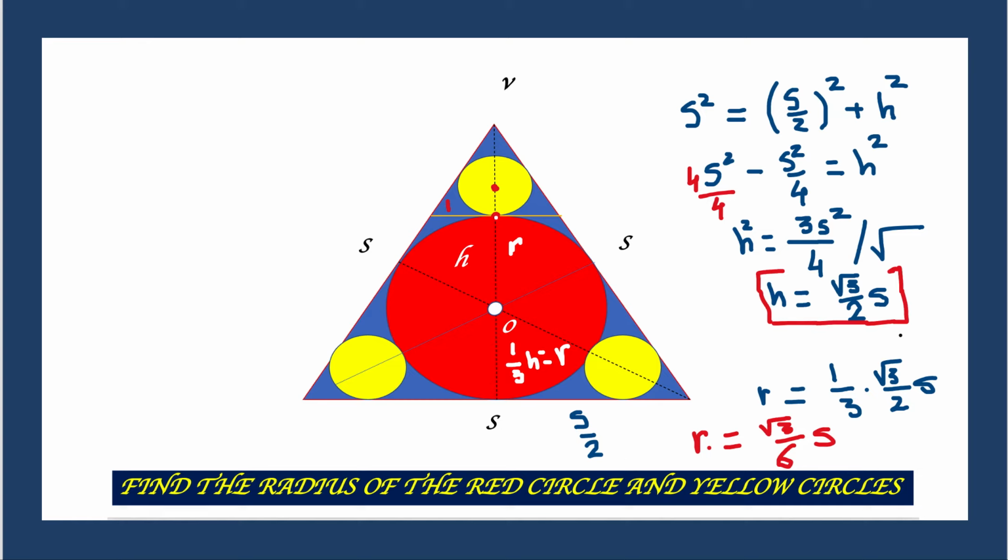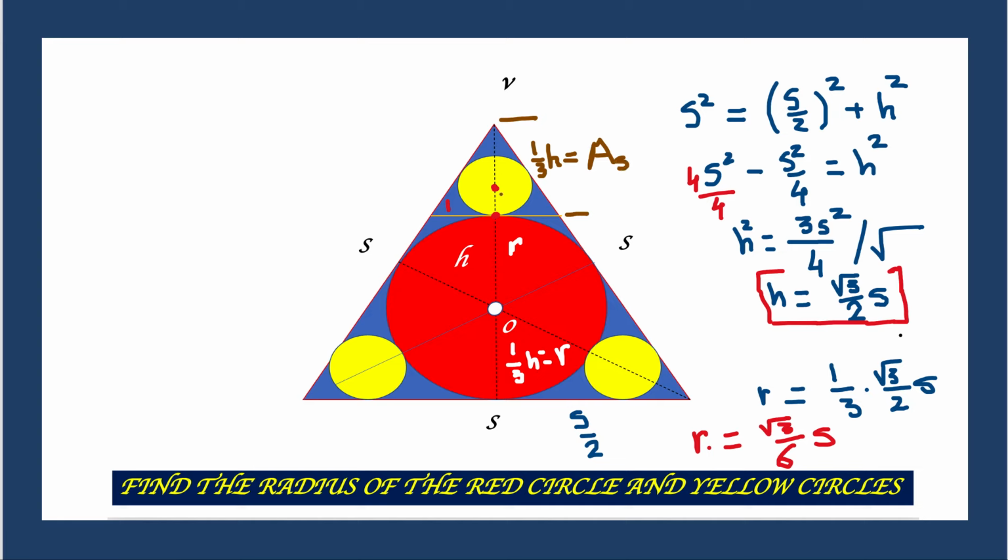And this distance from this position here, let me take a different color, from the h to this position here, let me write h prime, is 1/3 of the h. So let me write the altitude of the small triangle, AS. The altitude of the small triangle AS is equal to 1/3 h.